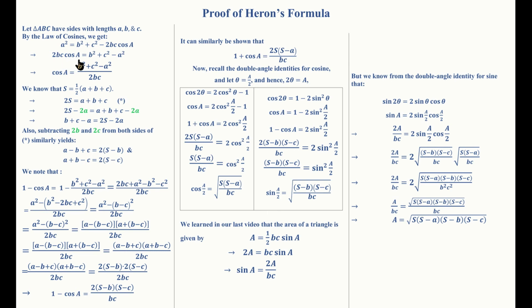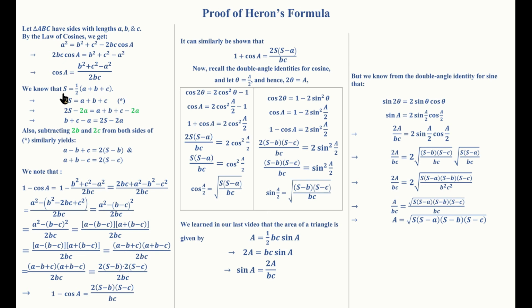So 2bc cosine A equals, and we'll move the a squared to the right side and it'll become negative. So we get b squared plus c squared minus a squared. Now we divide both sides by 2bc. We get cosine A equals b squared plus c squared minus a squared over 2bc.